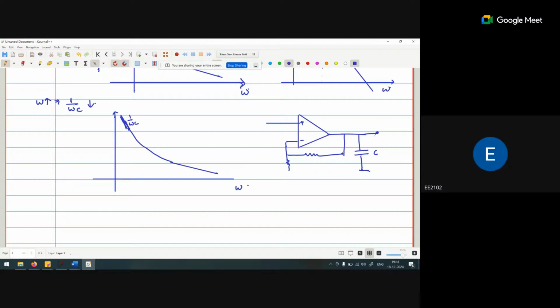What basically is the output? If my Z is reducing, or I can say my A beta is reducing, what is the effect? My Z out is increasing. So I can create a Z out like that. Okay. So the overall Z out is that when Z out is increasing, it will be increasing, but because of this capacitor, it will start reducing again. So this is my Z out.